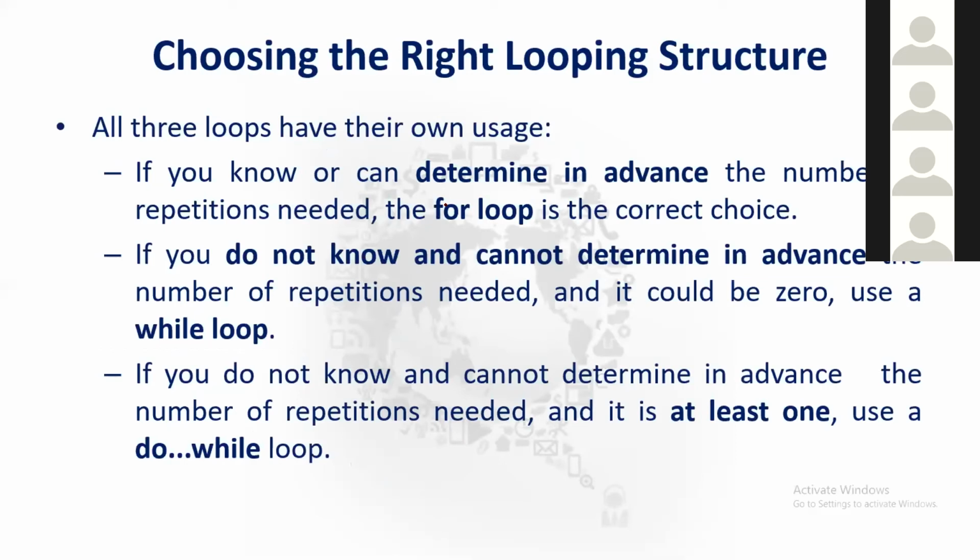If you know in advance the number of repetitions, for example it's going to repeat 10 times, you can use the for loop. If you don't know how many times, then you use a while loop. If you cannot determine, but you know that at least one loop needs to be done, then you use the do while loop.